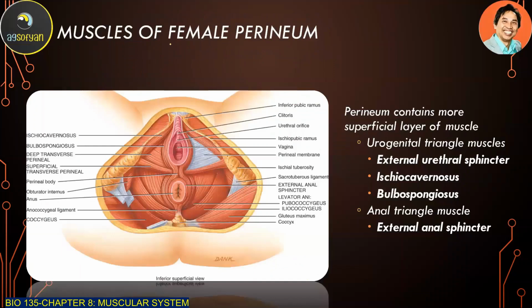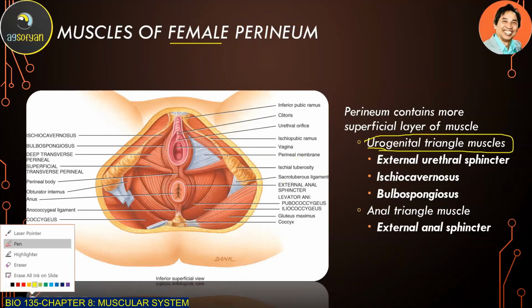Okay, now the female perineum muscles. Okay. So the first one is the urogenital triangle muscles. Okay, so this is the triangle muscles over here.